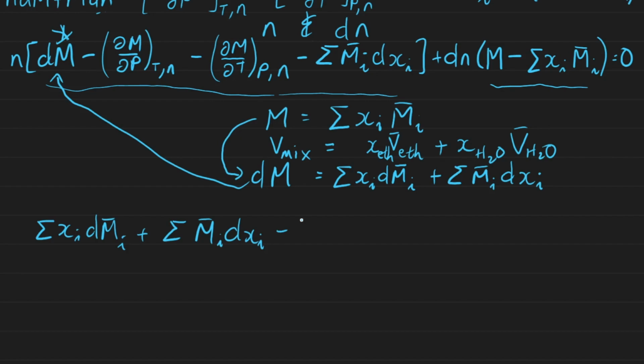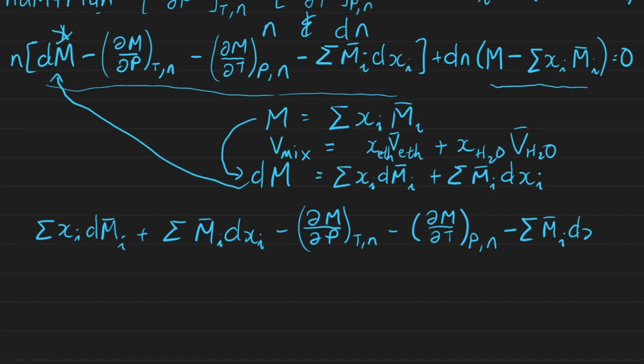So we have minus dm dp, at constant temperature and number of moles. And then we have what's left. Sorry, this should be a minus. Then we have dm dt at constant pressure and number of moles. And then we have minus the sum of m bar i times dxi.